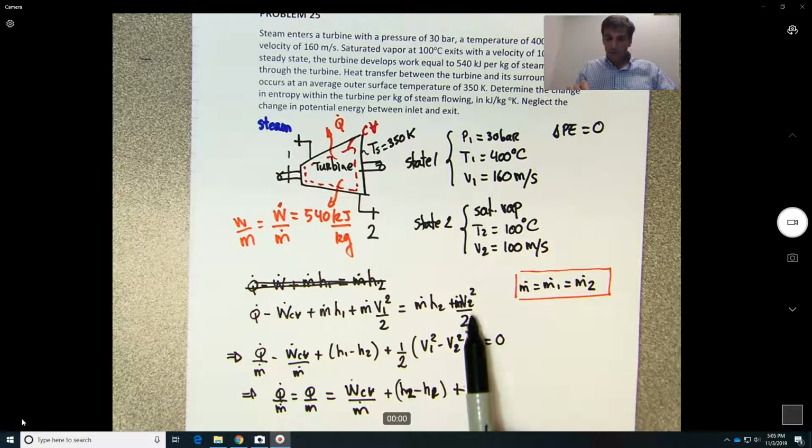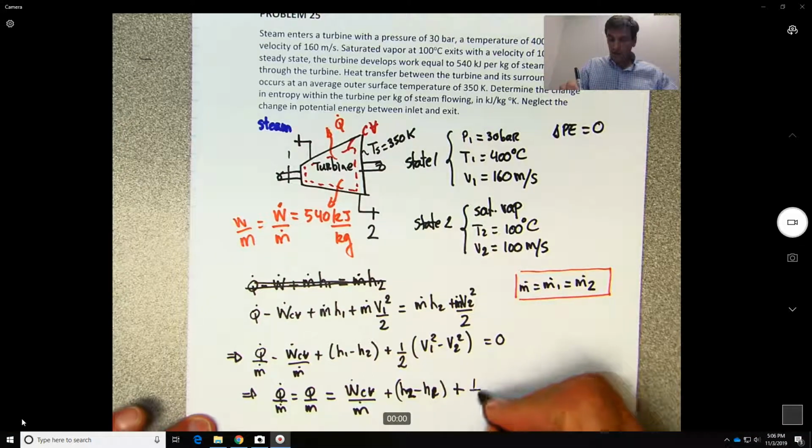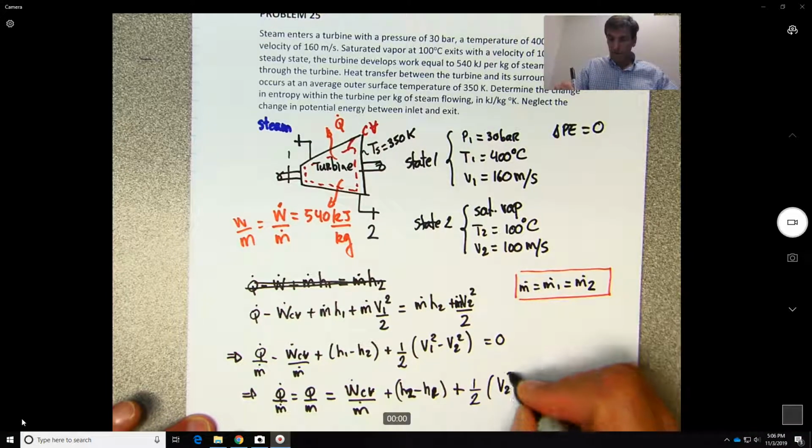I went too fast here, so we move the terms to the other side.